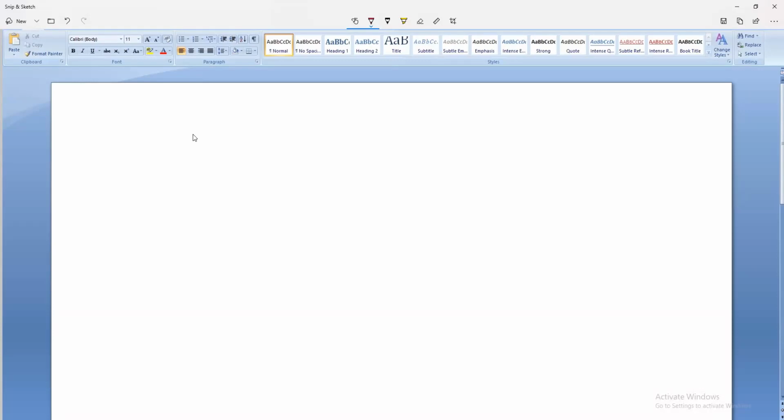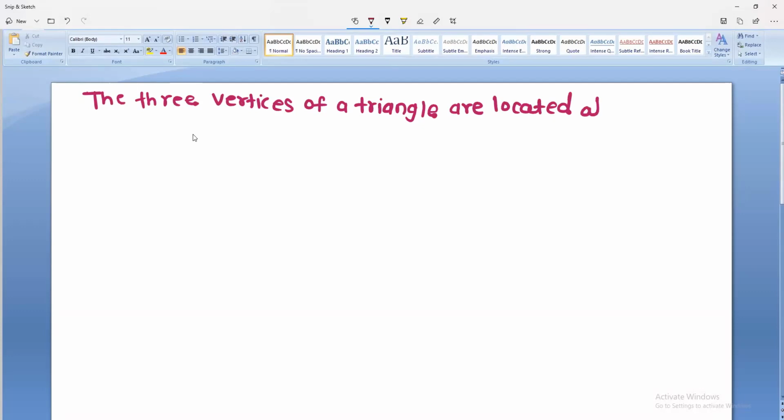We're done. The three vertices of a triangle are located at A of (6, -1, 2), then B of (-2, 3, -4) and C of (-3, 1, 5).